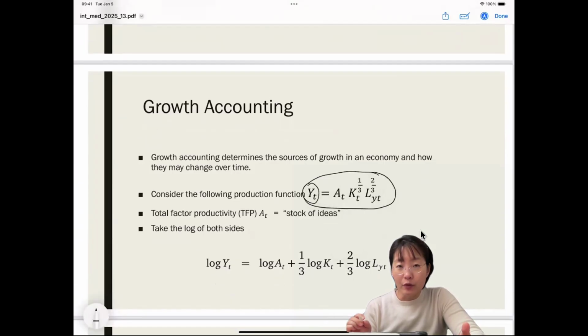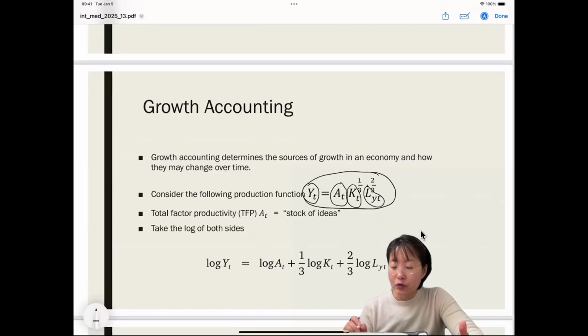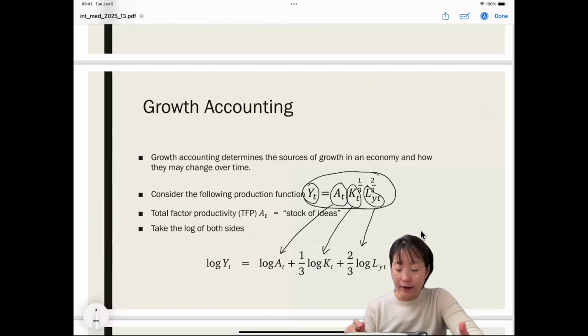Total output or aggregate output is based on the stock of ideas today and capital goods level to the 1/3 and the labor or workers in the manufacturing sector to the power 2/3. Now take log for both sides, then multiplication becomes addition. So we have these three terms on the right-hand side.